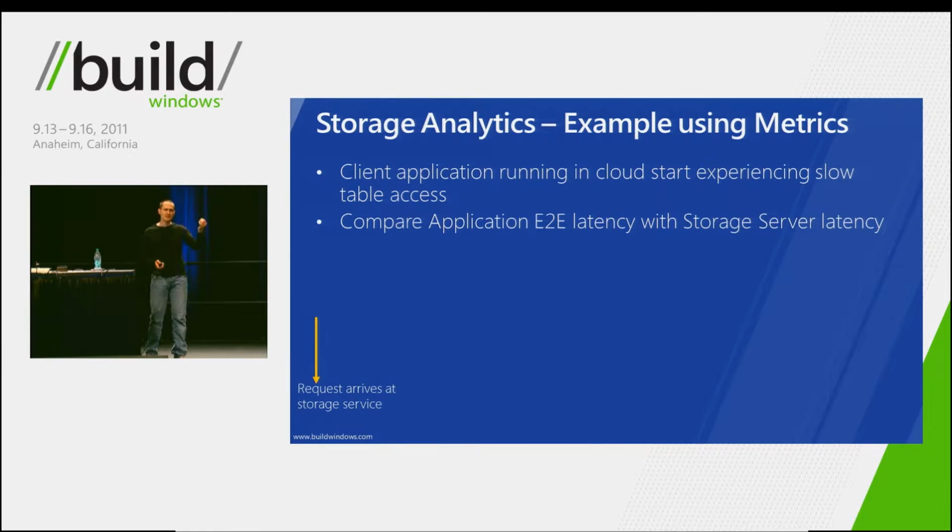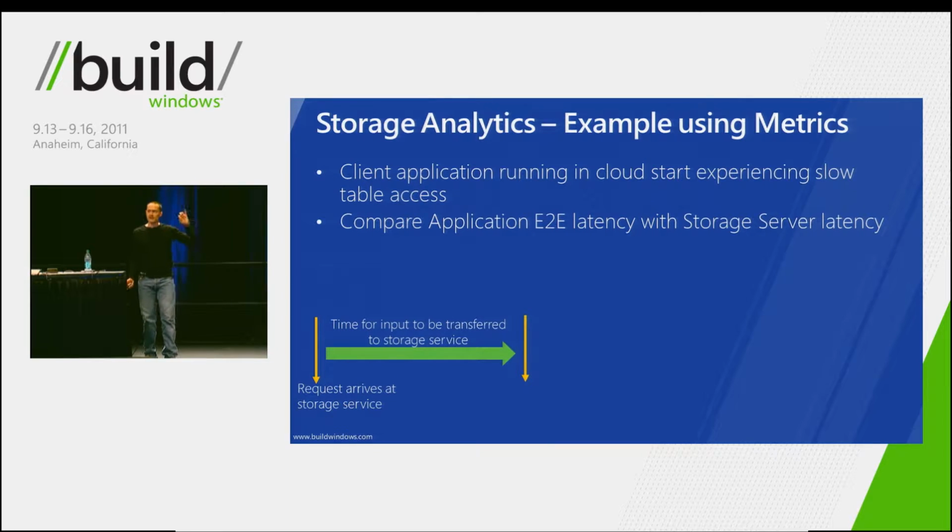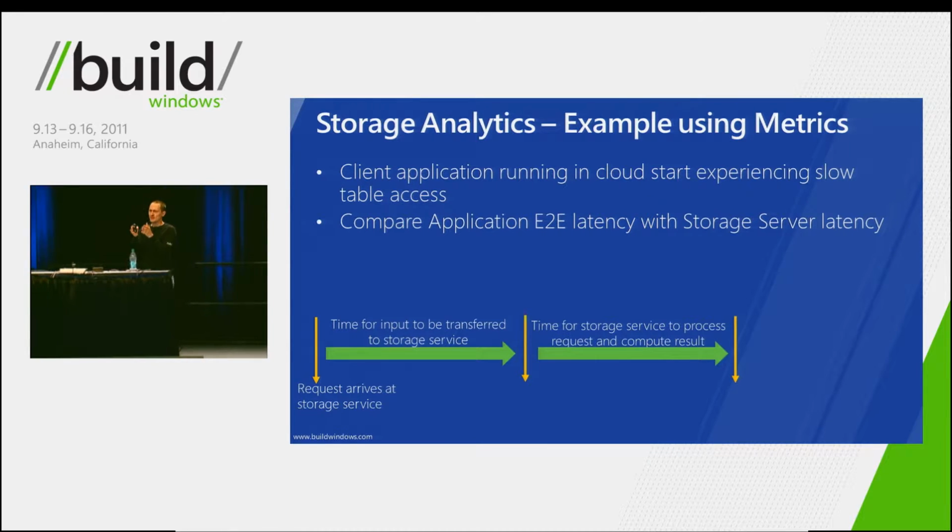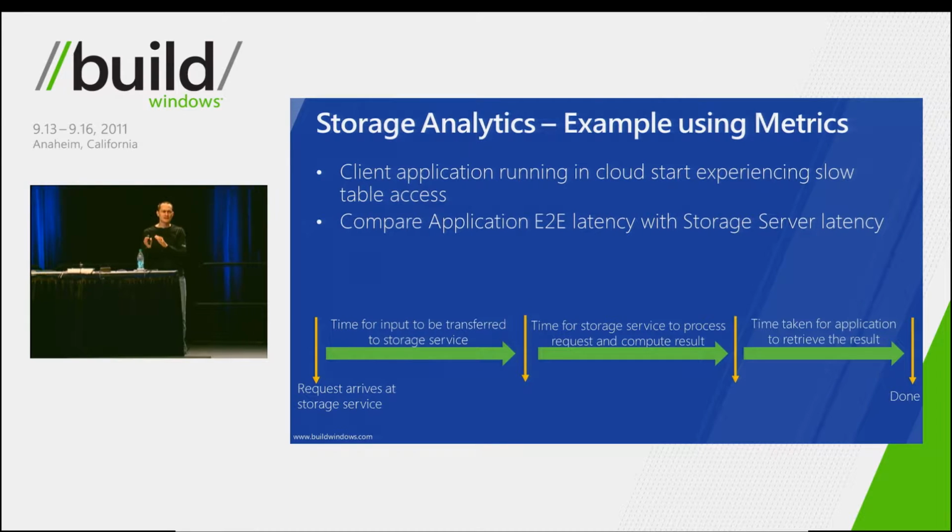When a request comes into the storage service, we break the timing of that request into 3 parts. The first part is how long does it take to receive all the input for the request? The second part is how long does it take for us to process the request on the storage service? And the last part is how long does it take for the application to retrieve all the results?